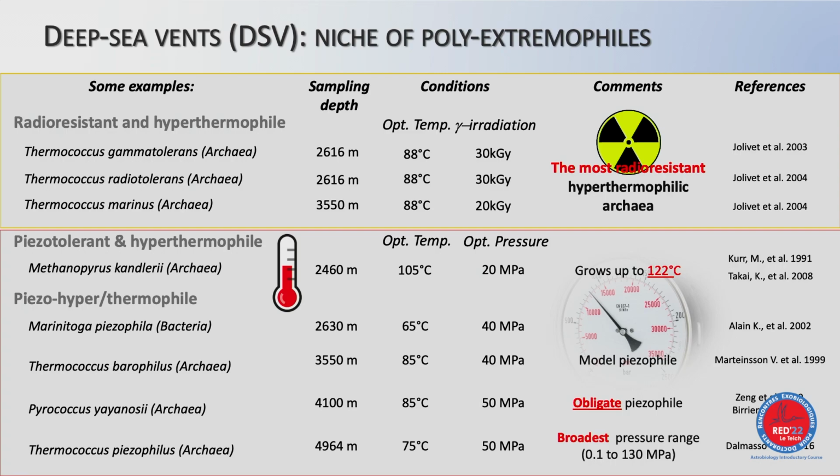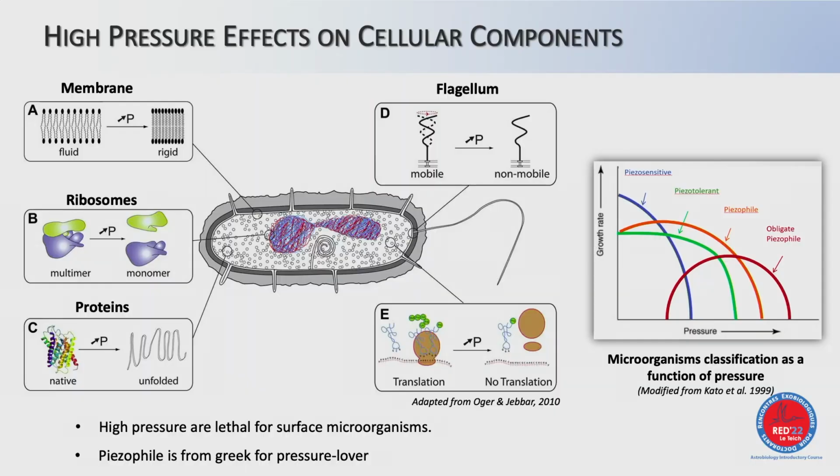High pressure really affects the cellular components, as we know, for surface microorganisms. And usually high pressure affects the membrane, making it really rigid, it dissociates the ribosomes, unfolds the proteins, inhibits the translation of proteins, and also inhibits the mobility of cells.